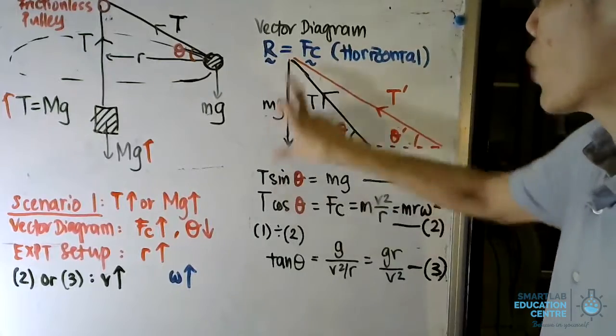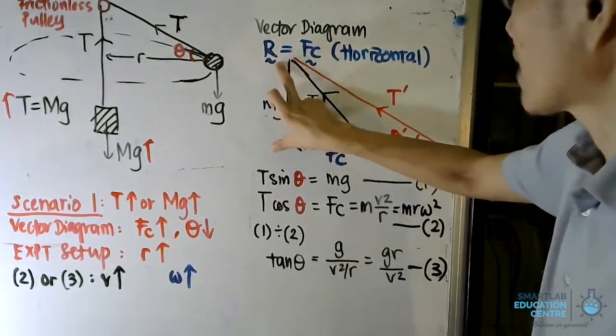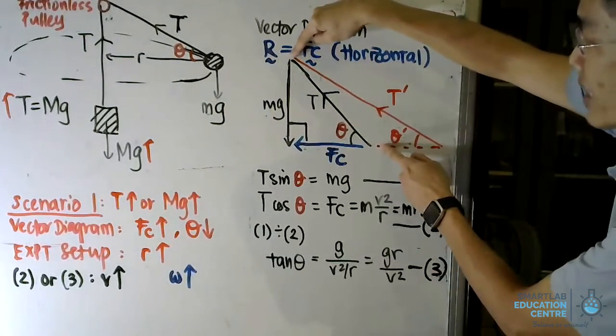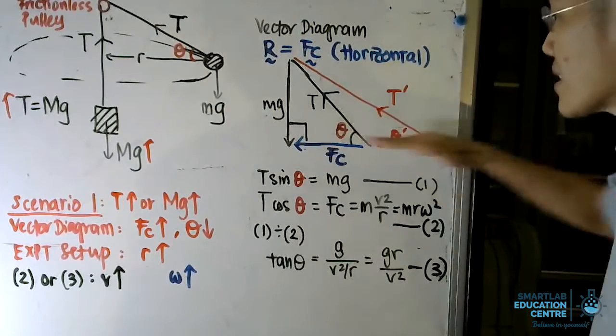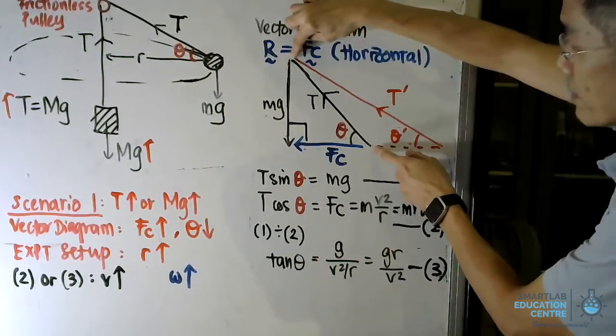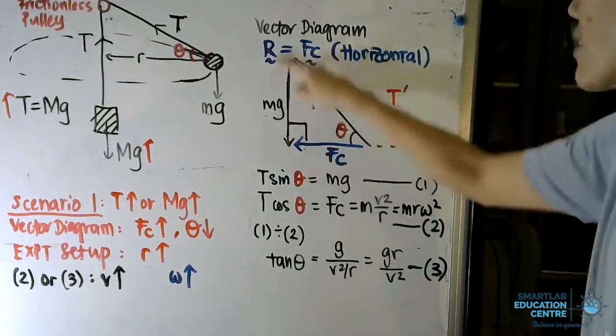The mg, the weight of the ball, has not changed. So the magnitude of this should remain the same. However, the magnitude of your tension will now have increased. But you have to take note that Fc maintains its direction to be horizontal. Hence, because of this, and since the tension is now longer, this will be the new vector diagram.